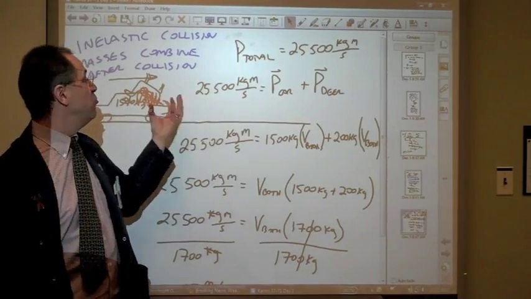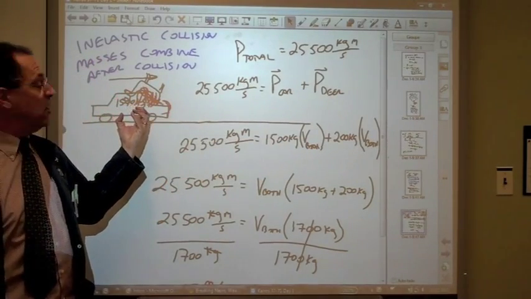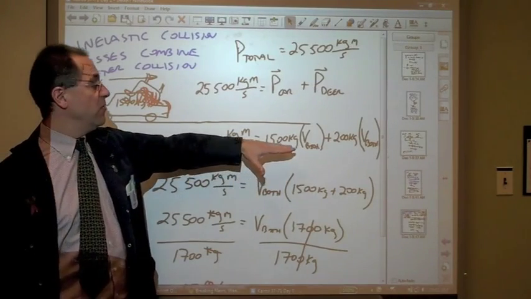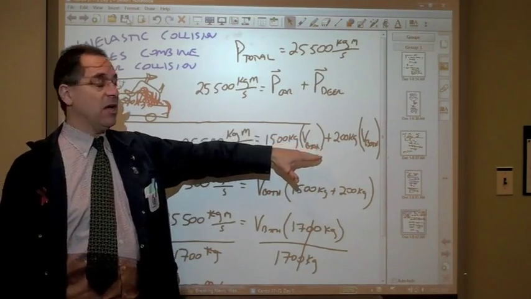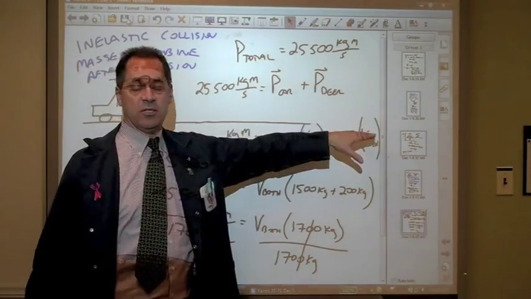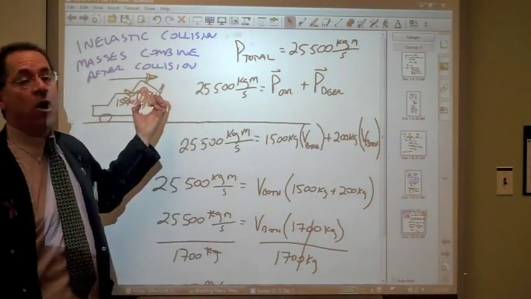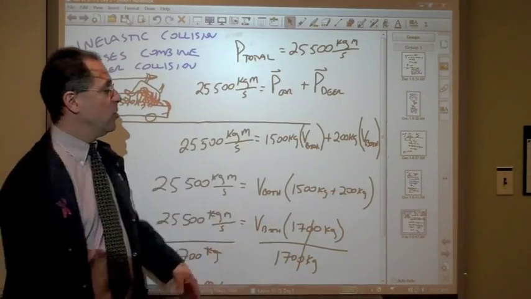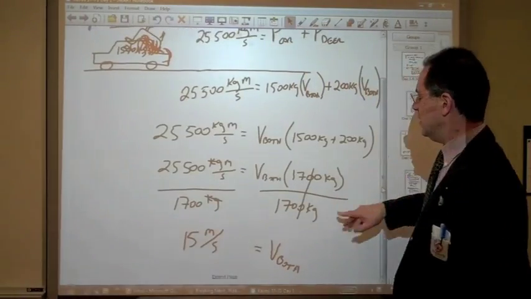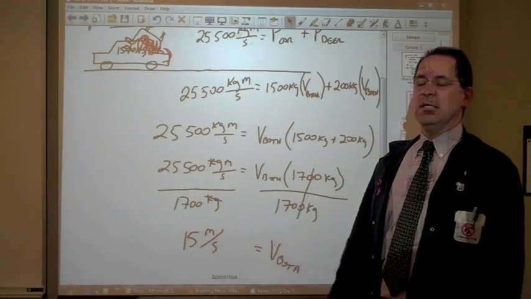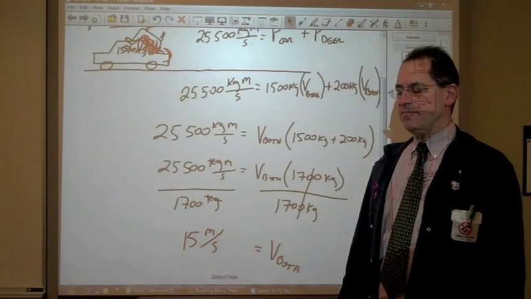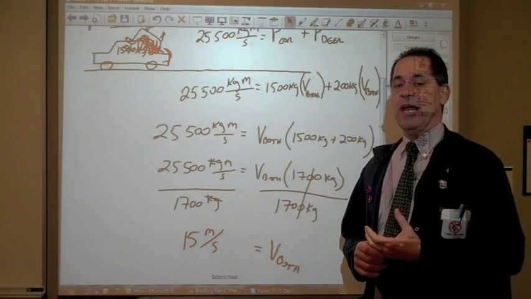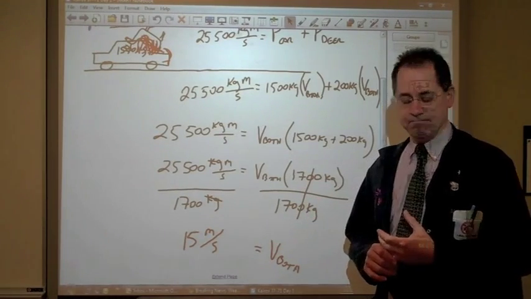Since they're both moving at the same velocity now, the 25,500 is spread over the mass of the car times its velocity, plus the mass of the deer times its velocity. But since the deer is stuck on the car, they're both moving at the same velocity. So we can work through the math and solve that the velocity of both car and deer is 15 meters per second. I'm going to take this to the back and maybe give you another example of elastic and inelastic collisions.